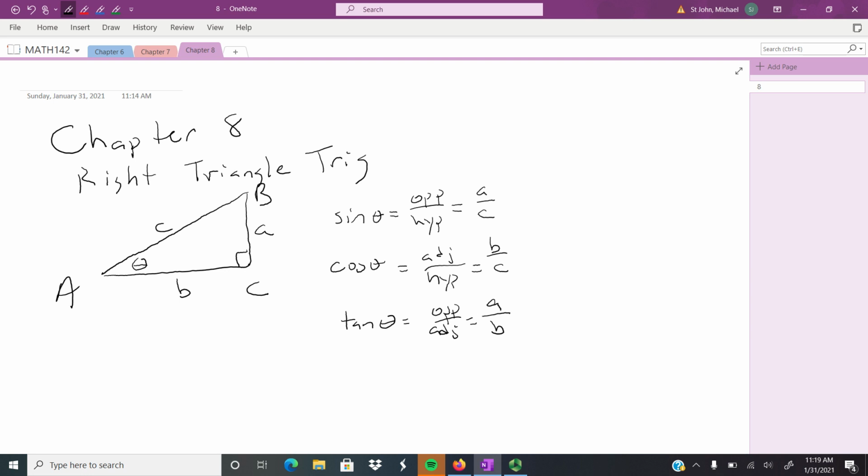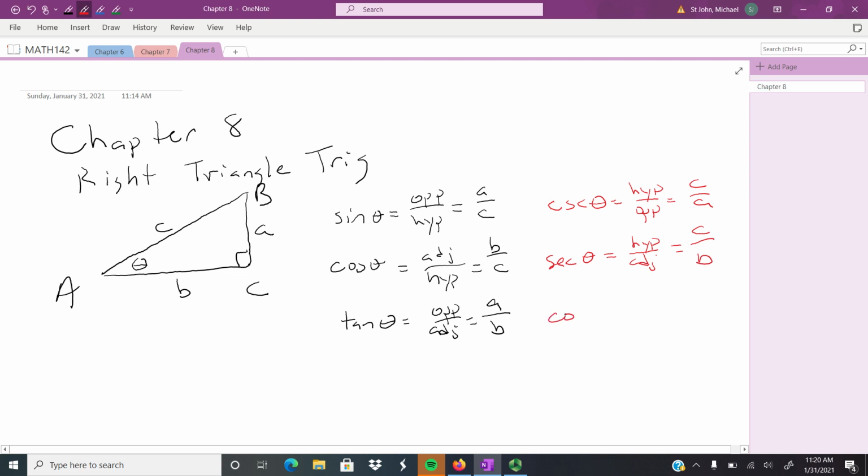And those are the main three, but then each one of these three also has a reciprocal function. And so we have cosecant, which is hypotenuse over opposite, which is C over A. We have secant, which is hypotenuse over adjacent, which is going to be C over B. And then we have cotangent, which is adjacent over opposite, which will be B over A. And those are the 6 trig functions.